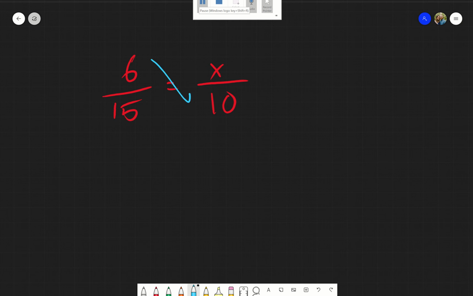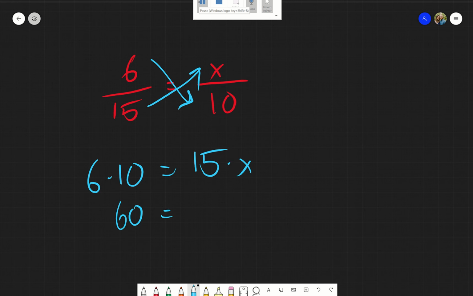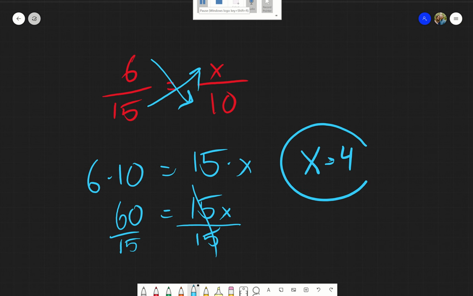Let's do our math. 6 times 10 equals 15 times x. 6 times 10 is 60. 15x. Divide by 15, divide by 15. x equals 4. And we can keep this going all the livelong day, solving proportions by cross multiplication.